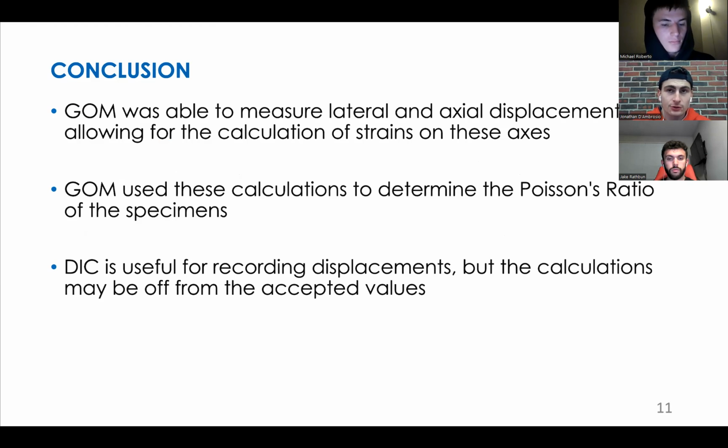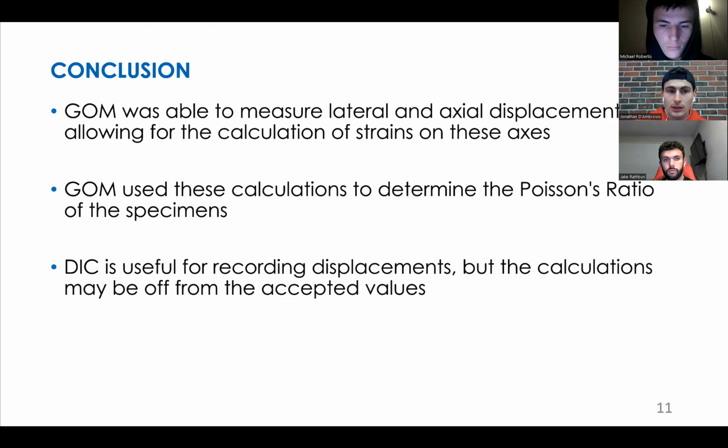So after using the GOM software and performing this experiment, we can conclude that the GOM software is pretty successful at calculating the Poisson's ratio of specimens. The GOM software was able to measure the displacements, and then it was able to calculate a ratio for every one of our trials.